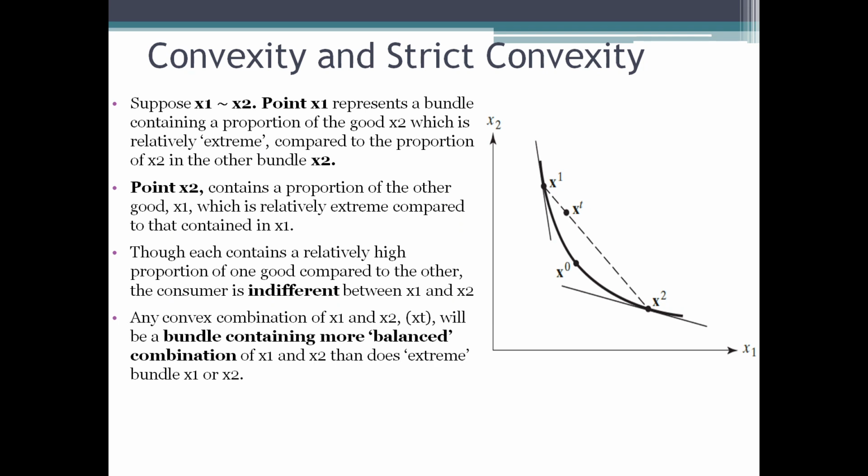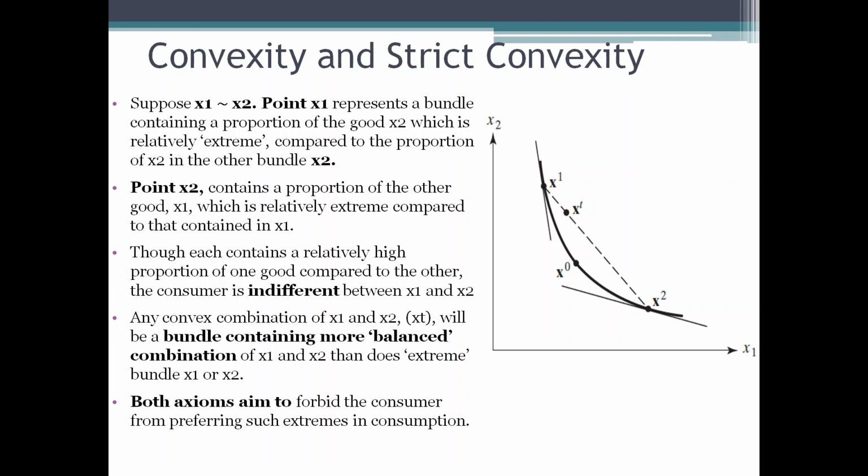However, any convex combination of x1 and x2, these two extreme cases, will give me a balanced new bundle, a bundle containing a more balanced combination of x1 and x2. Rather than having only x2 or only x1, or much more of x2 or much more of x1, you will have both commodities in a balanced combination.